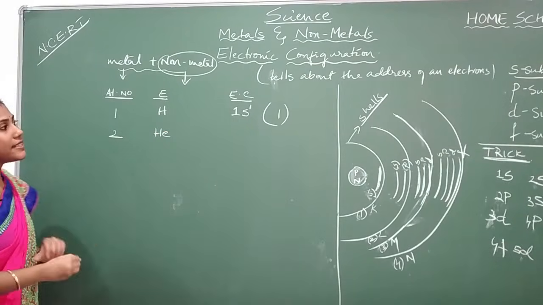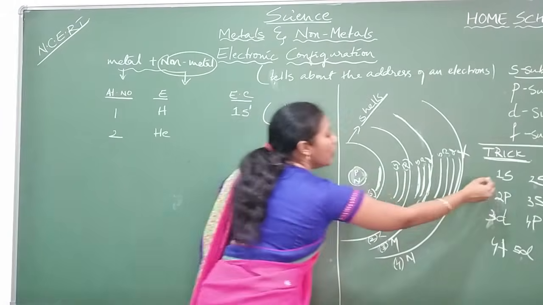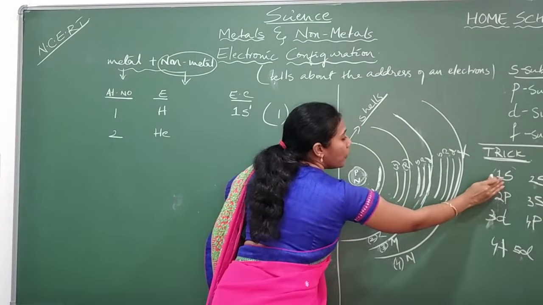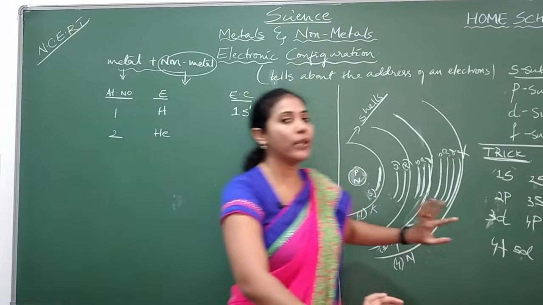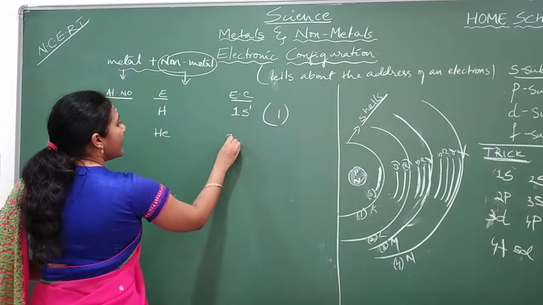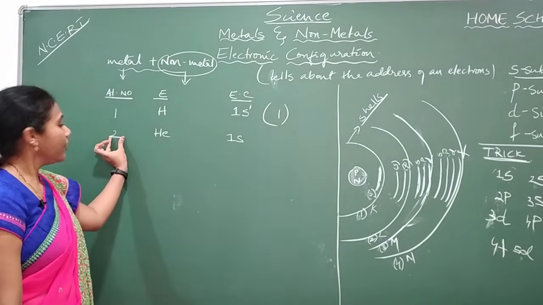Coming to the next element, that is the second element, atomic number 2, helium. So what is the electronic configuration you will write? In helium also, where will the electrons go first? 1s. After filling 1s, electrons will go to 2s. So only the 1s orbital is filled here. How many electrons are there? 2 electrons.